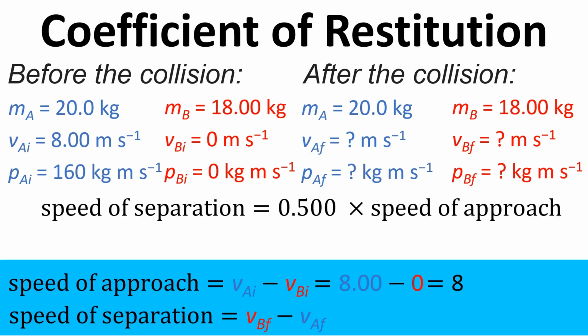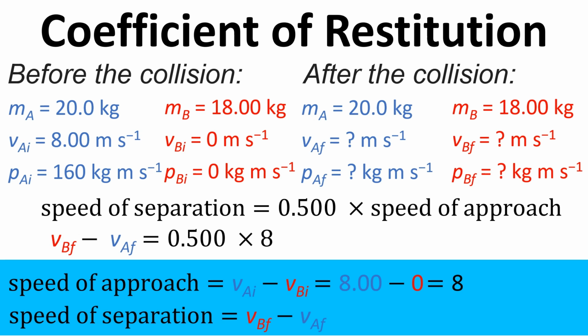And now we said on the previous slide that the speed of separation will equal 0.5 times the speed of approach for this particular example, because E was given as 0.5. Now if we substitute in, we have VBF minus VAF for the speed of separation, and we have 0.5 times 8 for the other half of the equation.